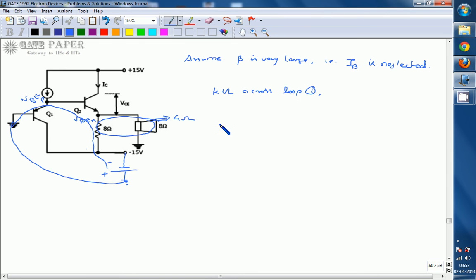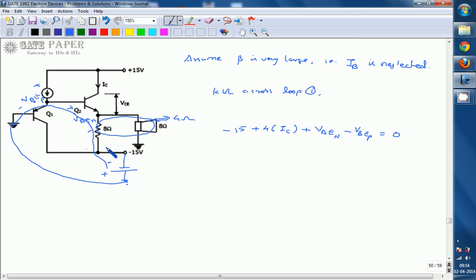So we can write: minus 15 plus 4 ohms into IC, plus VBEN, next minus VBEP is equal to 0.